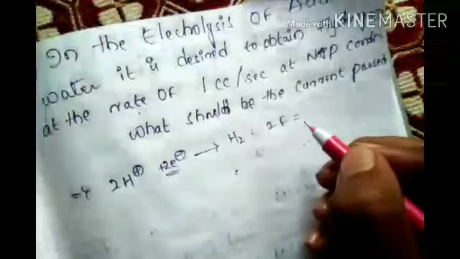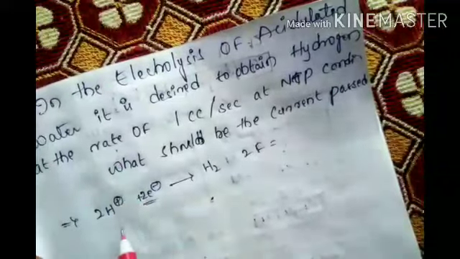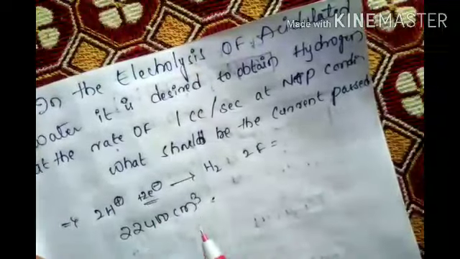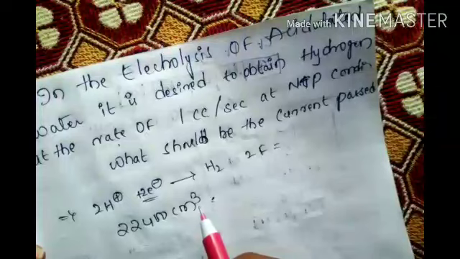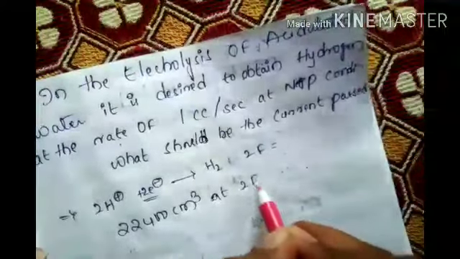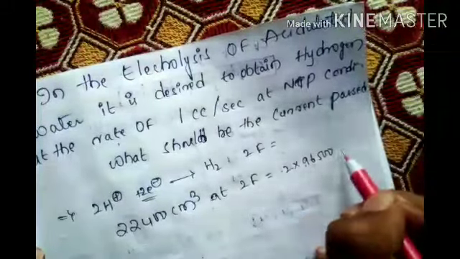At NTP, normal temperature and pressure, it is 22,400 cubic centimeter. It requires 2F, which is 2 into 96500 coulombs.